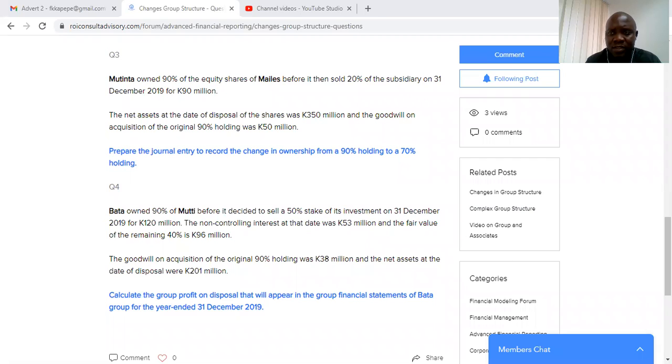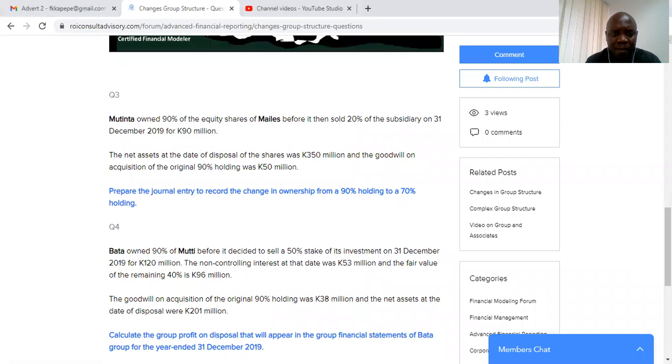So let's look at the question quickly. This is question 3. Mutita owned 90% of the equity shares of Miles before it then sold 20% of the subsidiary on the 1st December 2019.